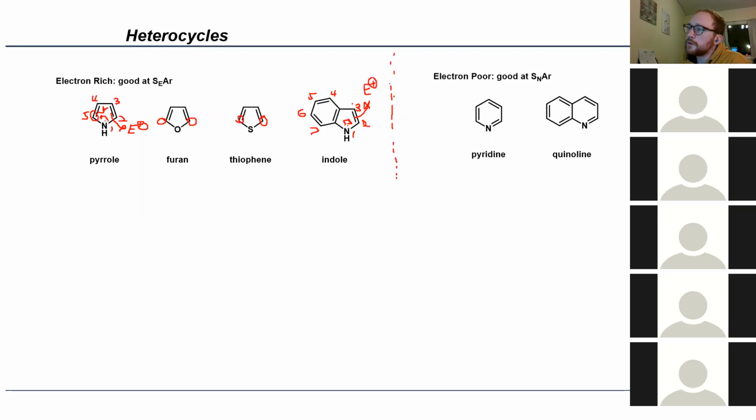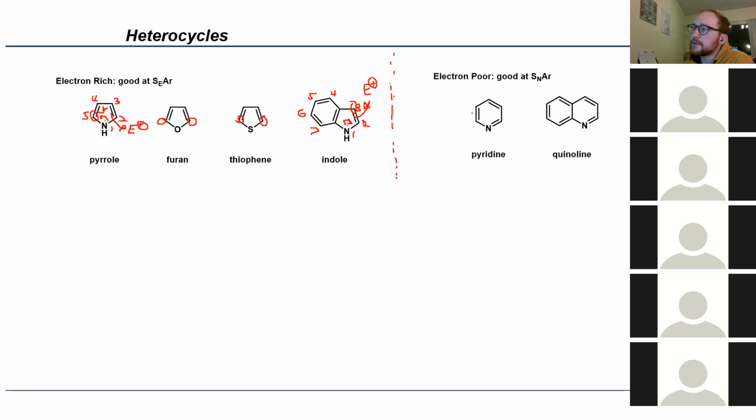That's a little different than pyrroles and furans and thiophenes, and we can talk about why if you'd like, but it's in your notes. But you should know that indoles react at the 3 position, pyrroles react at the 2 position.